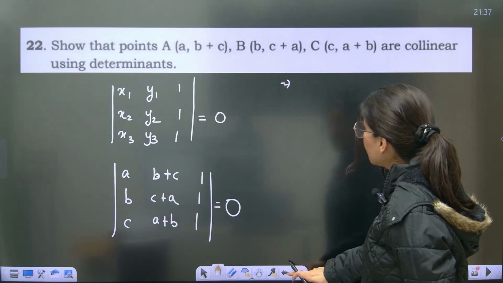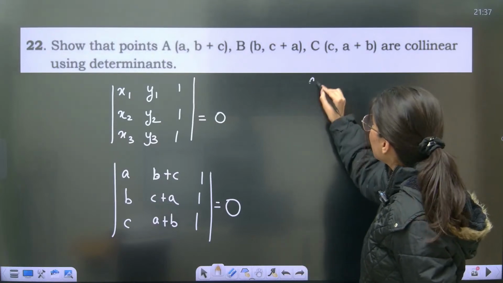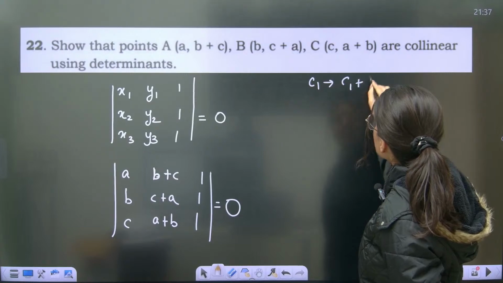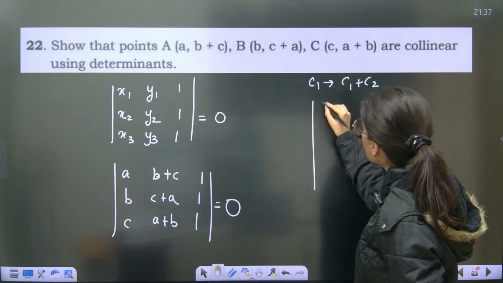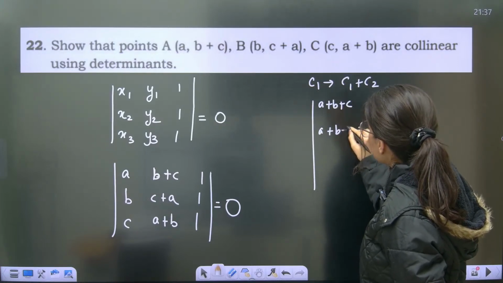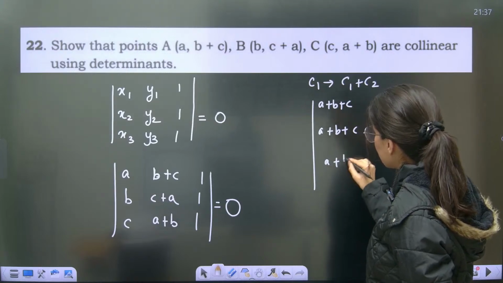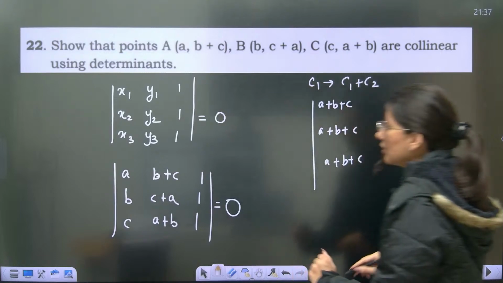What you need to do is apply the column operation C1 goes to C1 plus C2. So you will change C1 with the help of C1 plus C2, so that it is going to become A plus B plus C, A plus B plus C, A plus B plus C. Column 1 plus column 2 will be written in place of column 1.